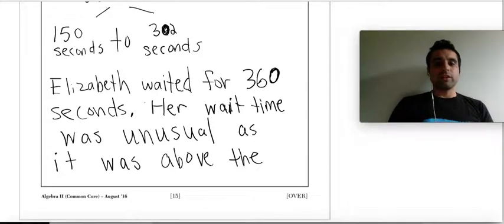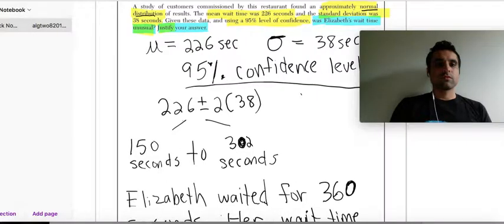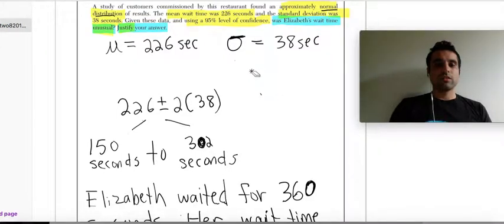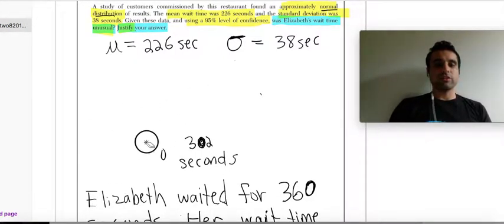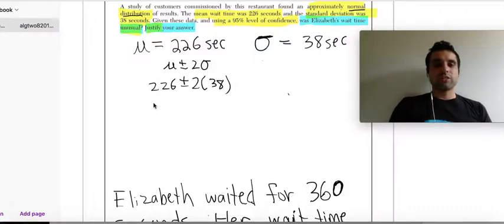Okay, then what I'm going to do is just rewrite this, guys. I'm going to rewrite it so that I can fit it to the screen. So the mean plus minus 2 standard deviations is 226 plus minus 2 times 38, which gives us 150 to 302 seconds, right?